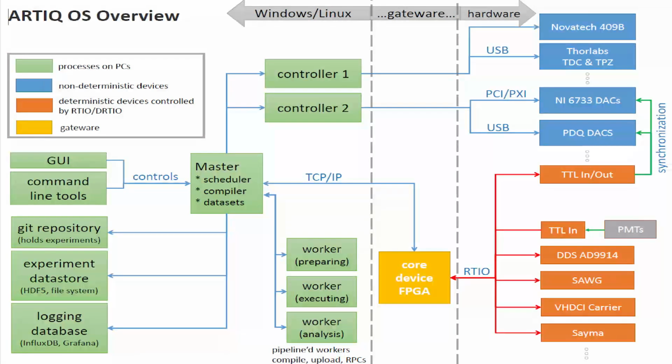So we have a GUI, or you can use the command line. There is a Git repository and all the standard file systems where you keep all these experiment files, logs, etc. And then you have this magic FPGA device connected with all the submodules, which can also have FPGAs with real-time I/O.